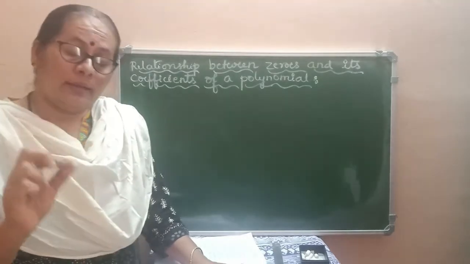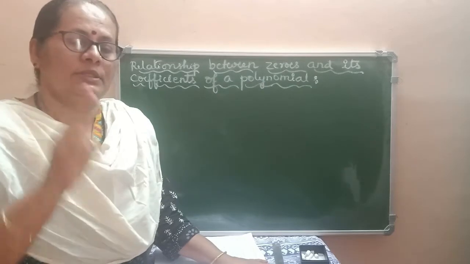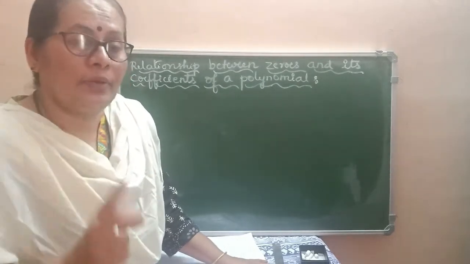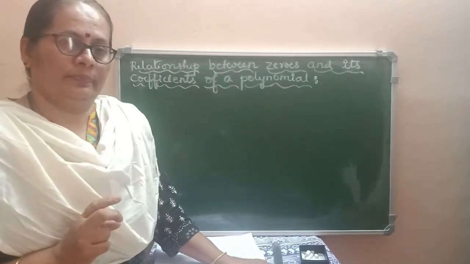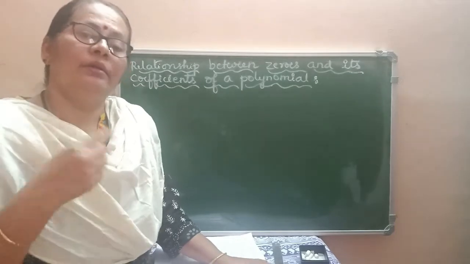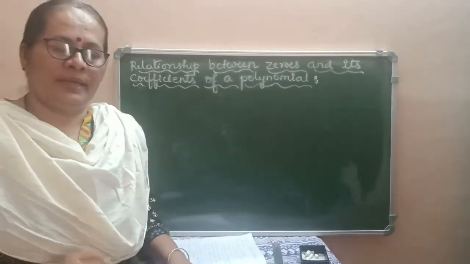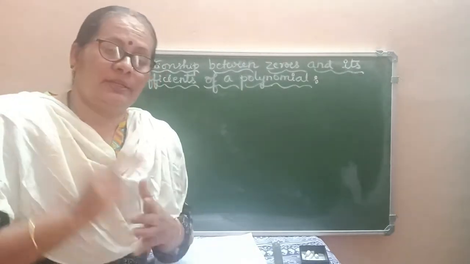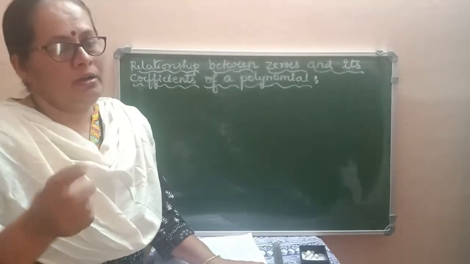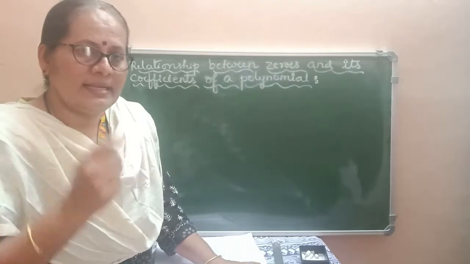So a quadratic polynomial has at the most two zeros because it depends on the degree of the variable. Similarly, for a cubic polynomial, you will get at the most 3 zeros or 2 zeros or 1 zero or no zero. This cubic polynomial we will discuss later.